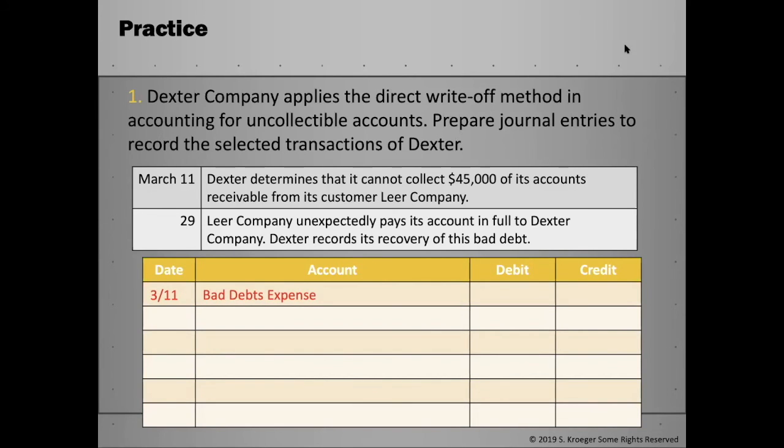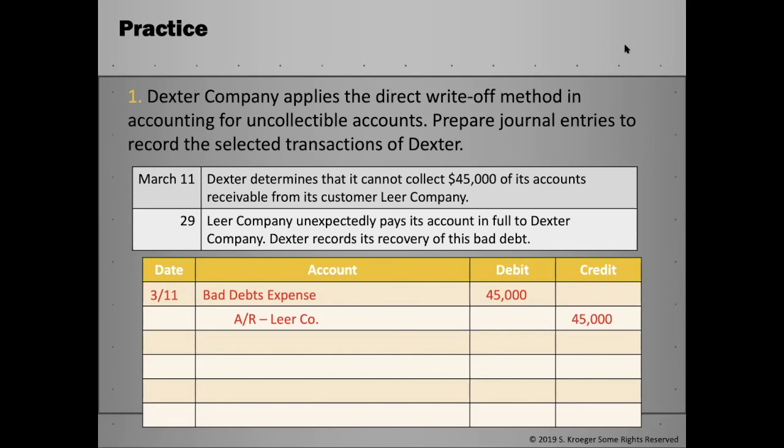We debit bad debt expense for the amount of their bad debt. And then we credit accounts receivable. And please get into the habit of writing out the name of the client, since we're going to have many businesses we're dealing with, and we're going to assume that we're using subsidiary ledgers. We'll write off their account for the $45,000. This is usually it. We finish here.